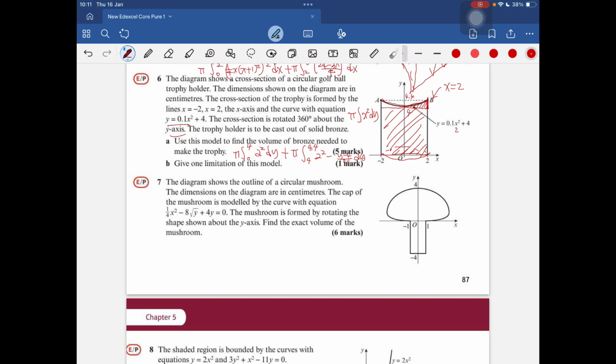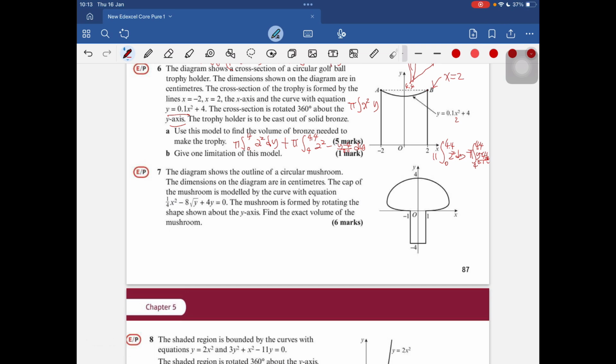This is the volume of this trophy. Or you can find the volume from 0 to 4.4 of 2 squared dy, everything up to here, and subtract this part, minus pi integral 4 to 4.4 of (y minus 4) over 0.1 dy. This gives us the same result, I think.